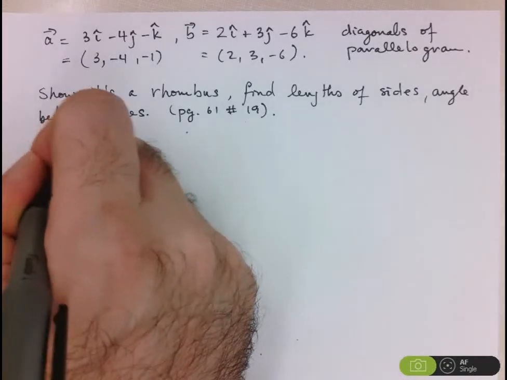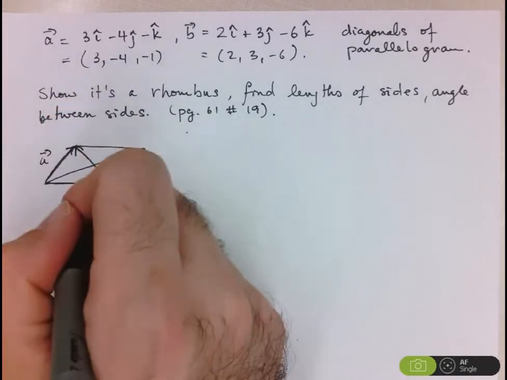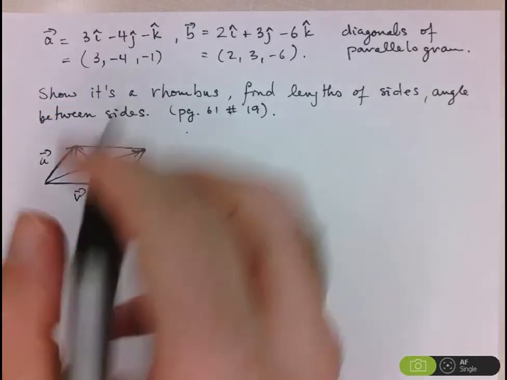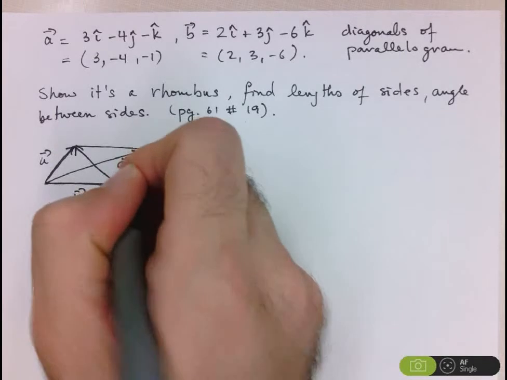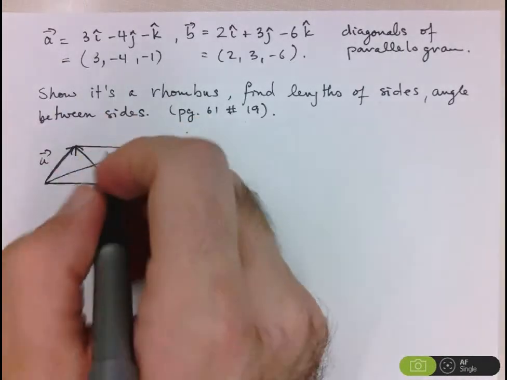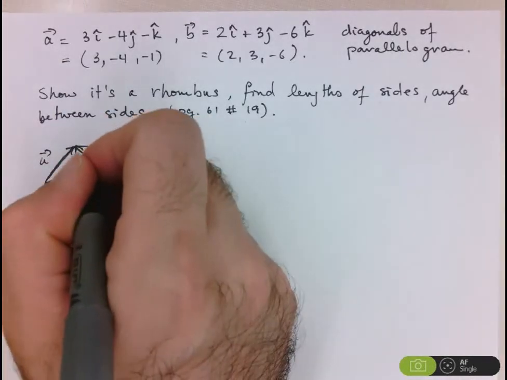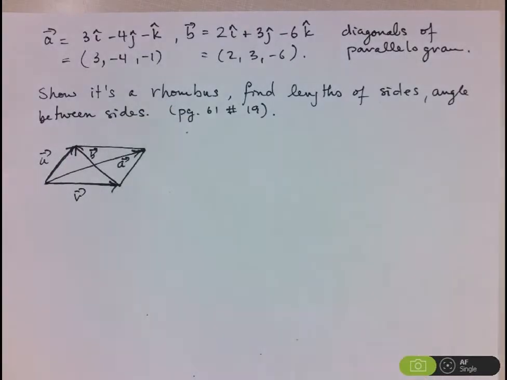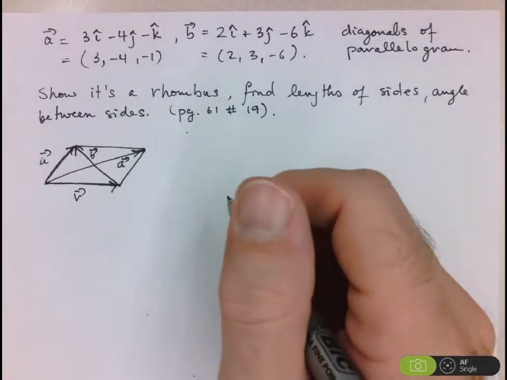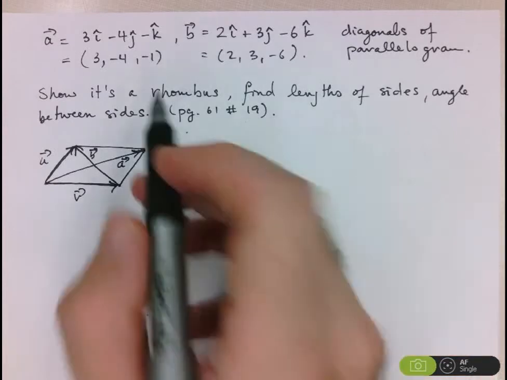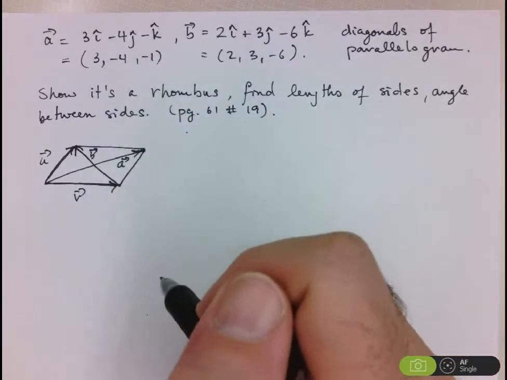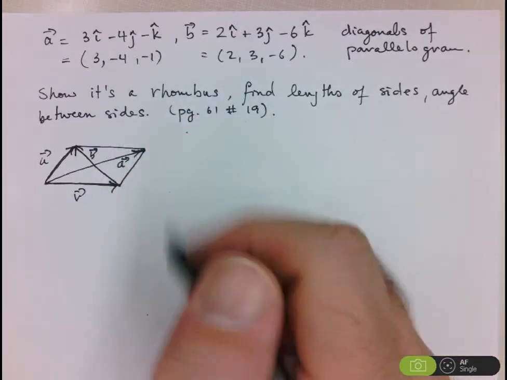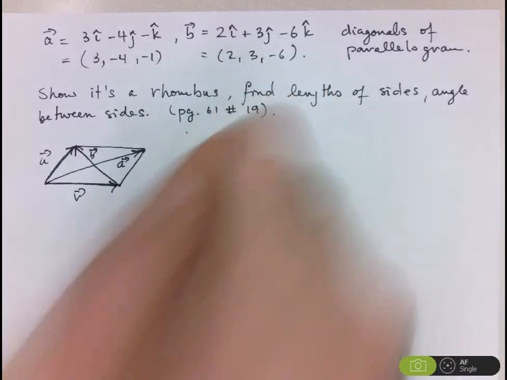So let's call this vector u, and this vector v, just to give them a name, and I'll call this first diagonal the vector a, which I'm given, and this second diagonal will be the other diagonal. If I add these two vectors together, I should get one of the diagonals, so let's add them together.